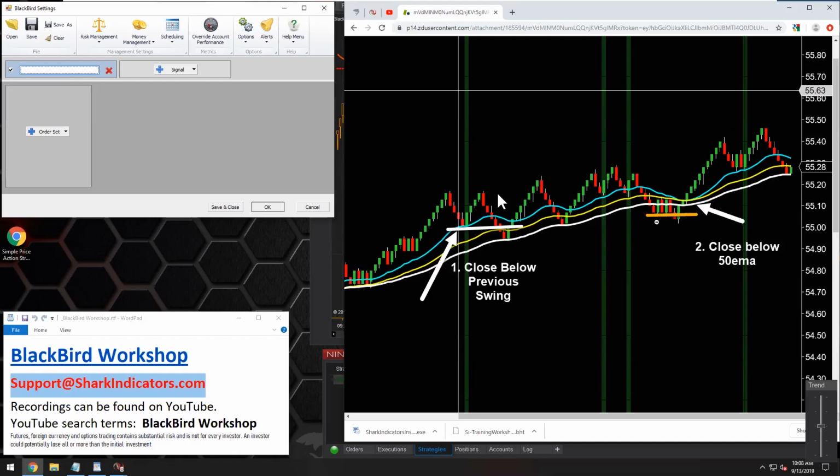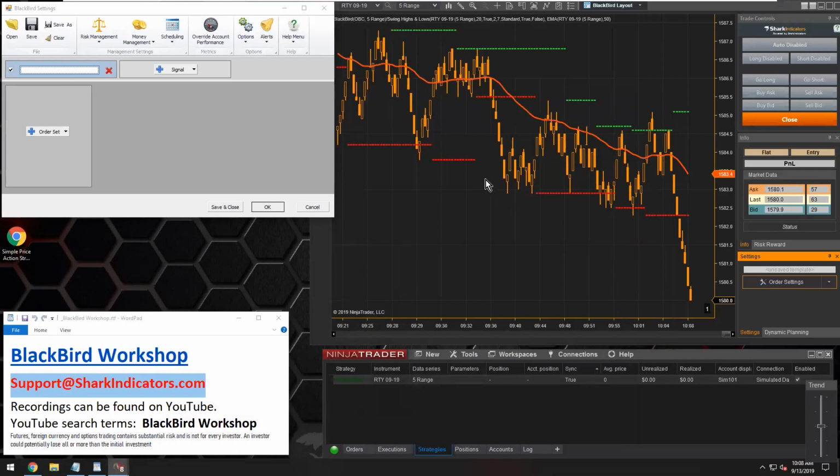But since that would be for yesterday's workshop, I'll show you some options that we have within BlackBird to do this as well. All right, so let's minimize that. So we can see I've got the swing highs and lows on my chart here.